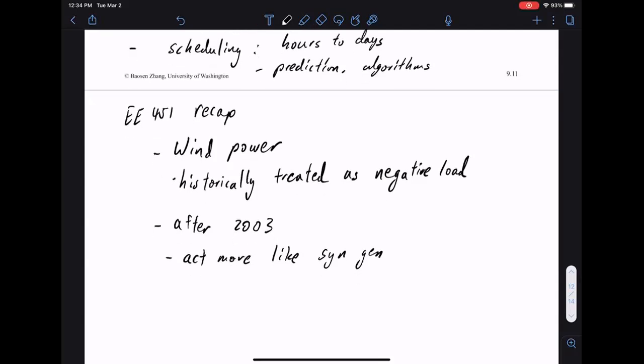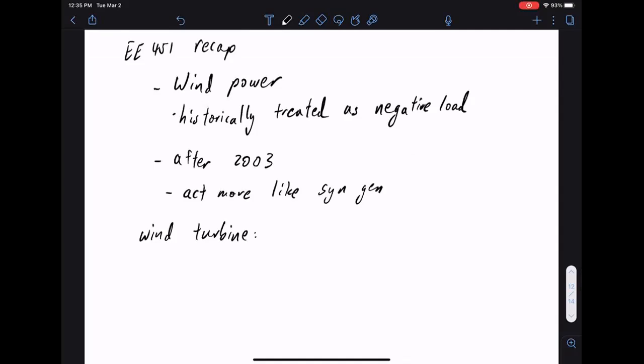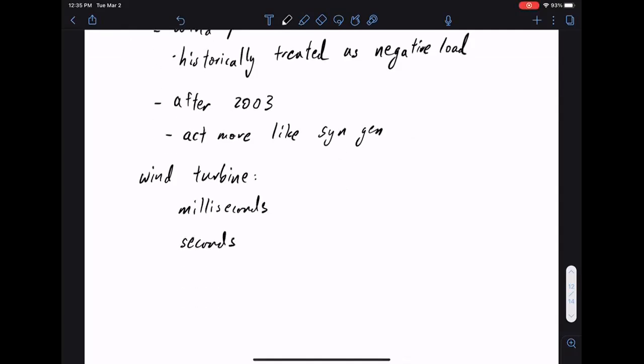So last time we covered the wind turbine, with time scales from milliseconds to seconds, all the way to, let's say, hours.